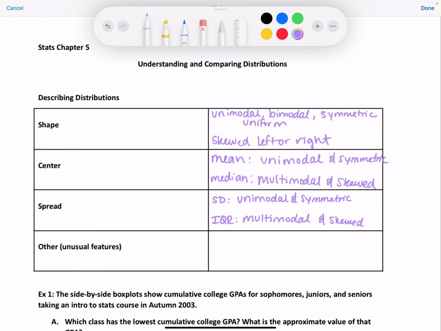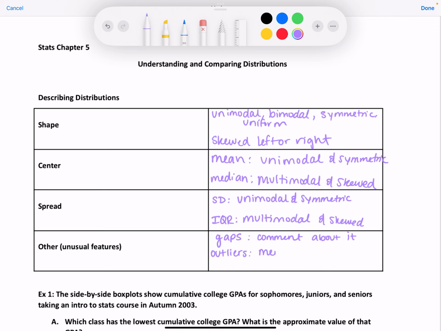Other unusual features, so this is the part that we introduced in chapter 4, but then we just learned more yesterday in chapter 5. Gaps is what we saw when we were doing histograms. We only really need to comment about them if it's there. With outliers, that's our new thing.